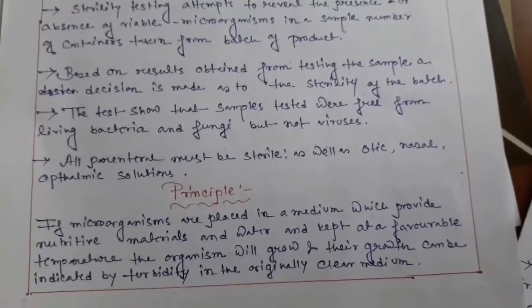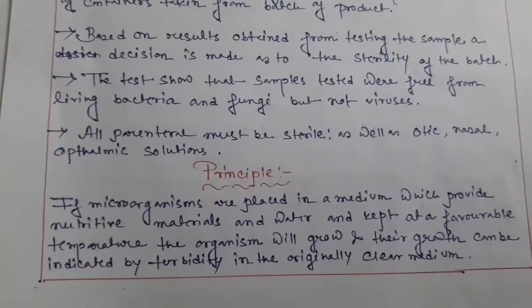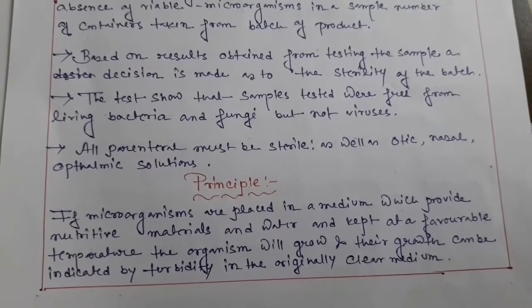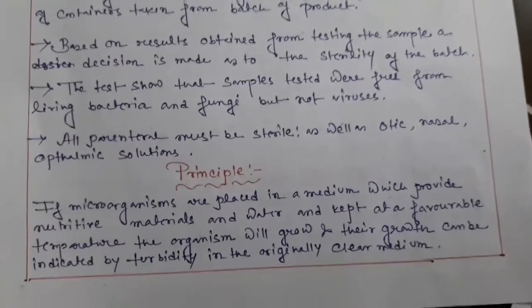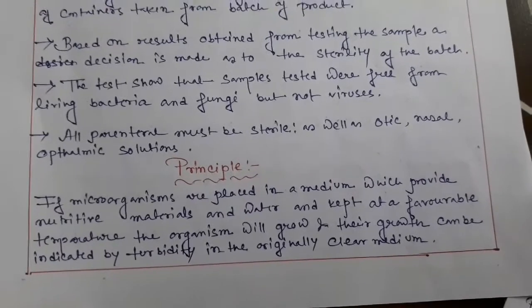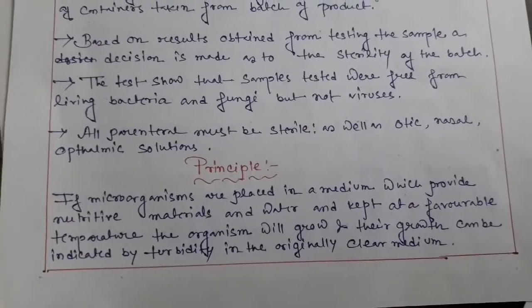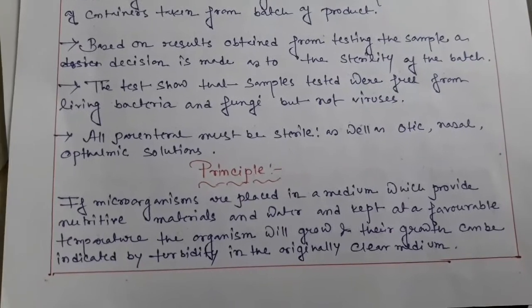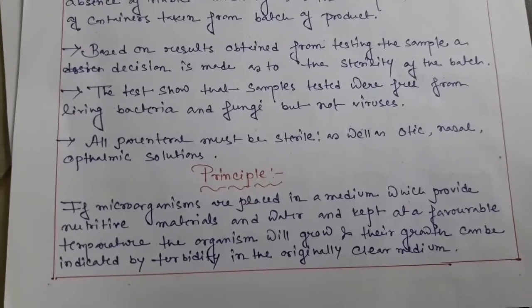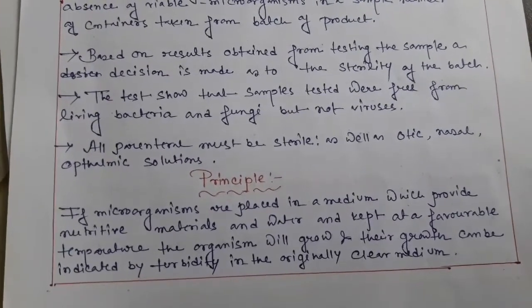A very important part is the principle of sterility testing. What is the principle? If microorganisms are placed in a medium which provides nutritive materials and water and is kept at a favorable temperature, the organisms will grow and their growth can be indicated by turbidity in the originally clear medium.